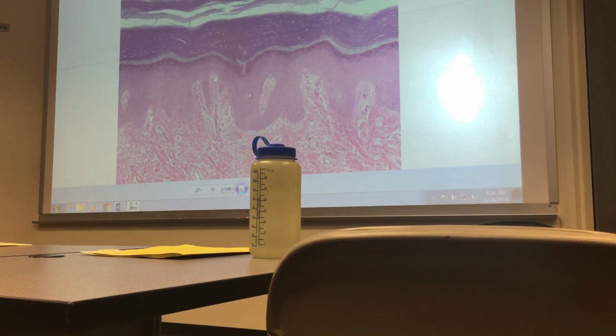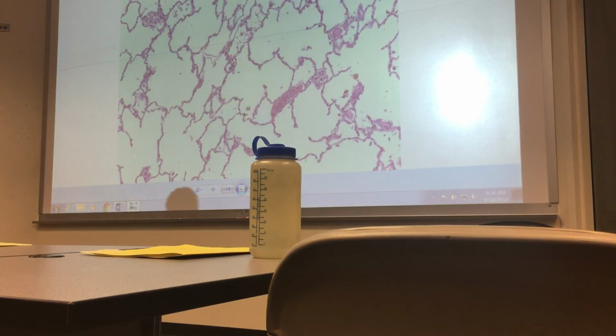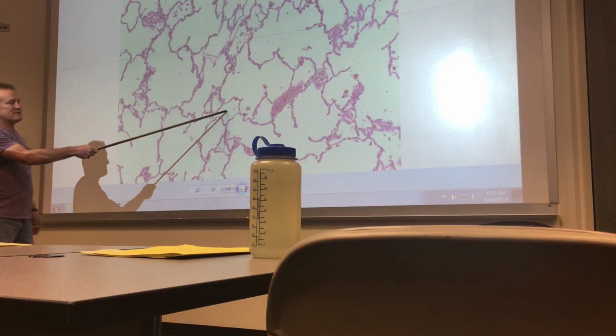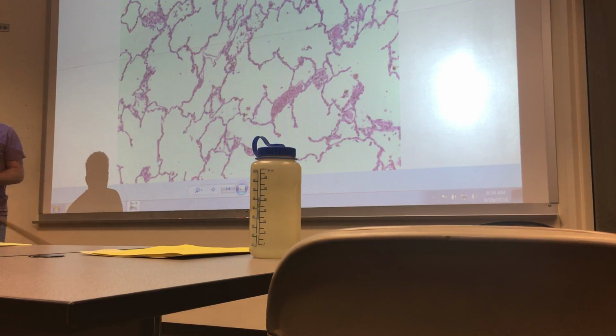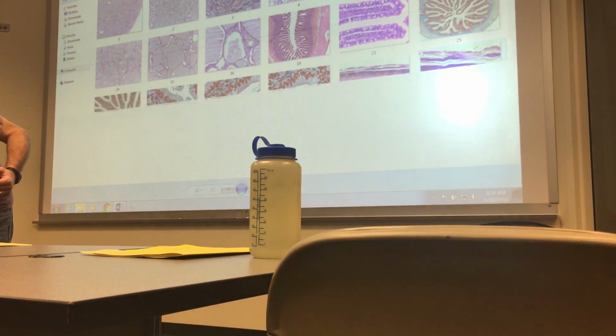So in other words, we looked at perhaps this. Name this organ. You said lung. Name this structure. You say, what are the functional units within the kidney? So those are structures.